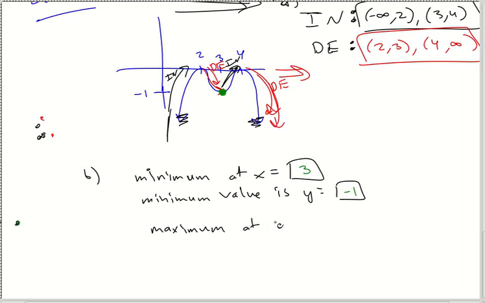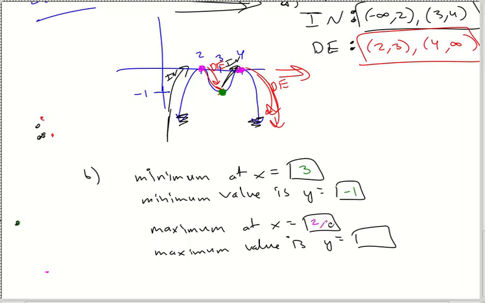So maximum at x equals something. And then maximum value is y equals something. This one's a little different because maximums are going to be the tops of the hills here. And so I have it at 2 and 4. So you're going to put a 2 comma 4 here.